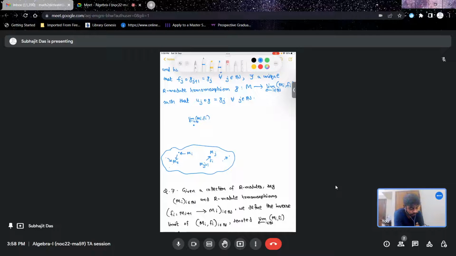So the limit is an object together with arrows to each Mi, right? Maybe it would be better if I use a different color for this.